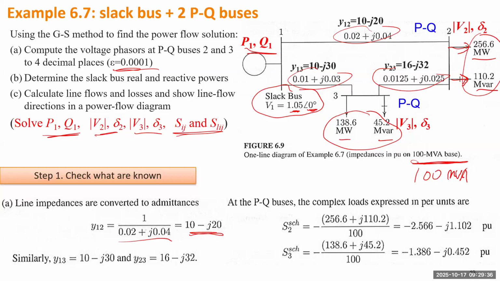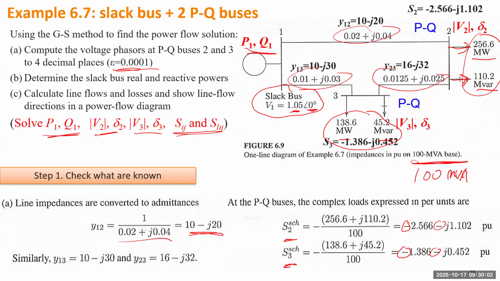So first you divide each number by 100, and you get the complex power for bus 2 and bus 3. But please pay attention to the negative sign here, which means they are negative injections, not positive injections. Those numbers will be kept constant in the iteration.